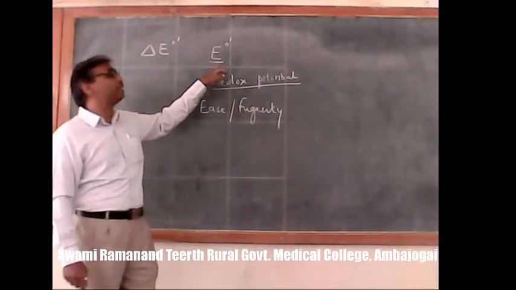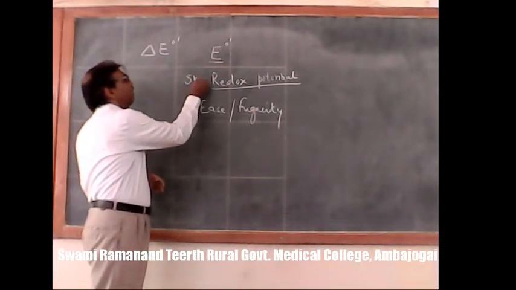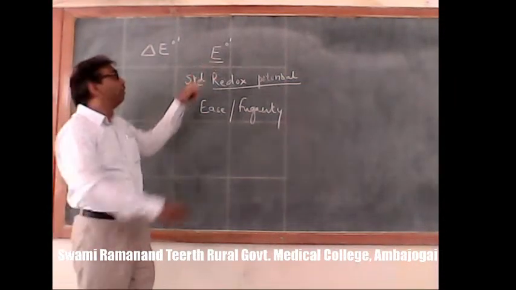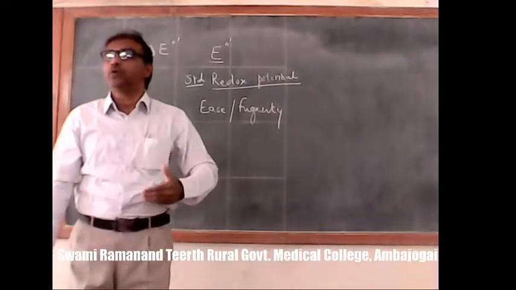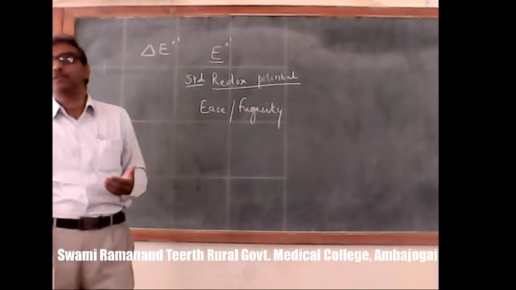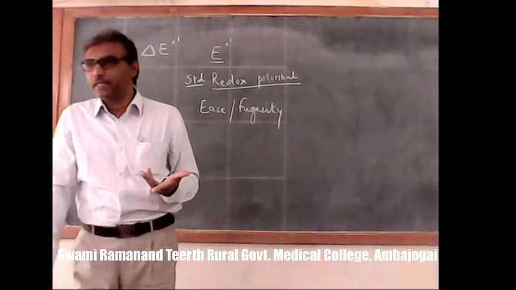Whenever it is standardized, it is called standard redox potential, that is E0 prime. You know the standard condition is 1 mole of substance, pH 7, at 37 degrees centigrade.